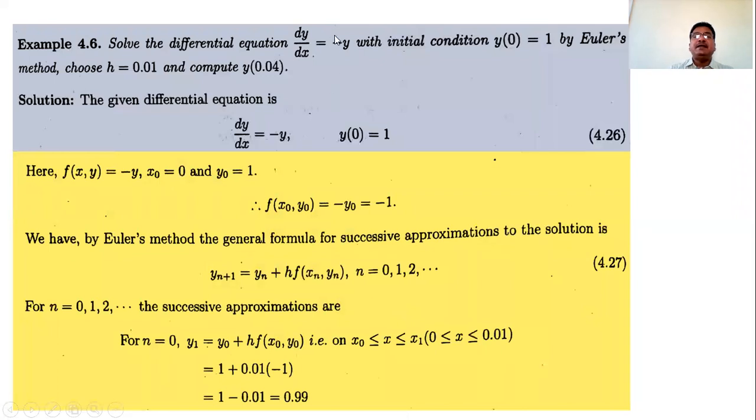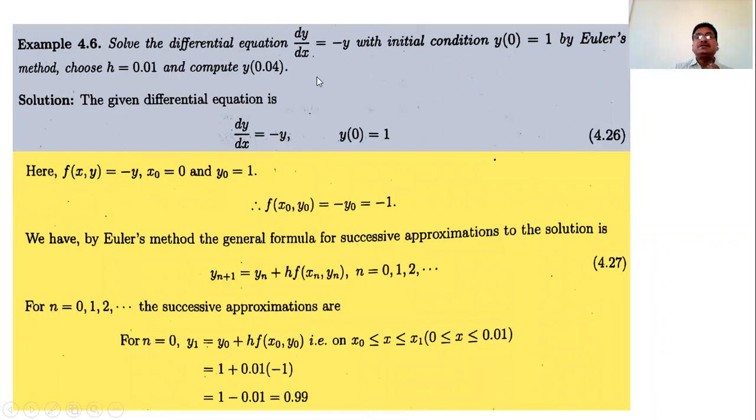Next problem: dy/dx is minus y, with initial condition y0 equal to 1, which means y0 is 1 and x0 is 0, and f(x,y) is minus y. Then find the value at 0.04 by taking h as 0.01.